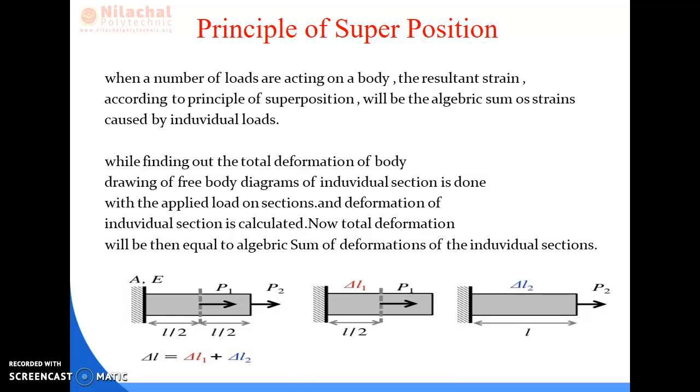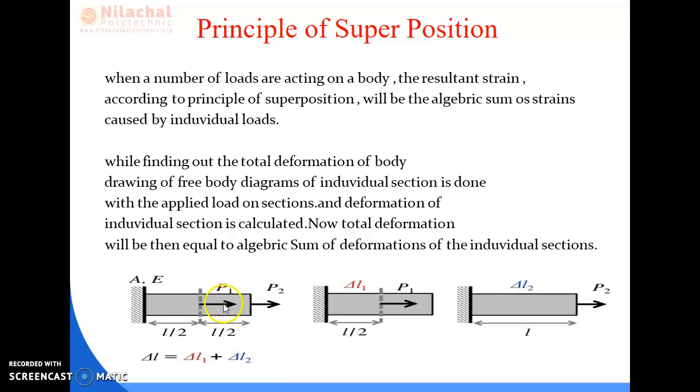The total deformation of the body will be obtained by the formula del L is equal to del L1 plus del L2. Here is a bar which is applied with two loads P1 and P2. So what we have to do is calculate the load values P1 and P2.